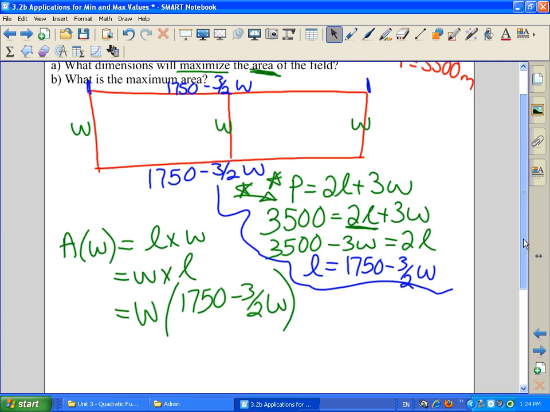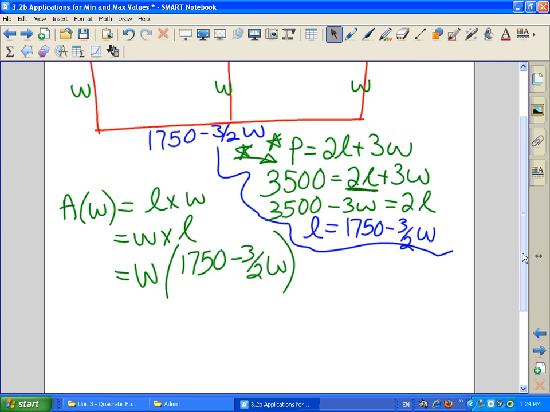Now that we've got our expression in terms of area, it says we need to maximize the area. In order to maximize, what does that mean to do, guys? So if it says to maximize the area, we need to complete the square.